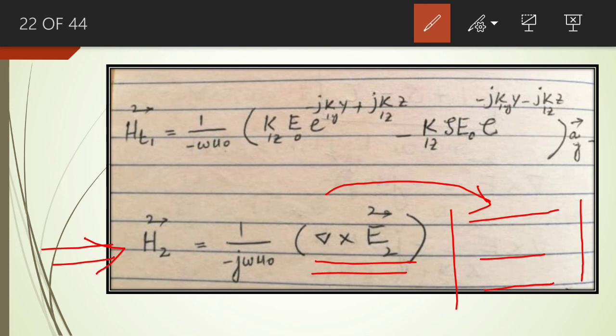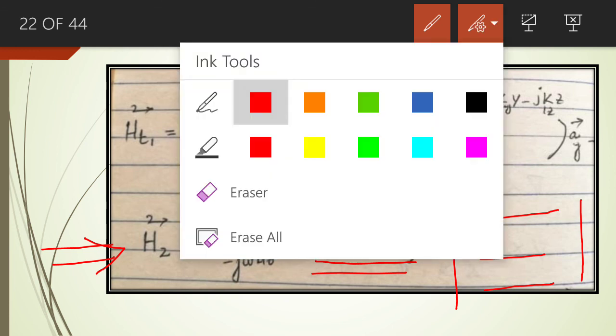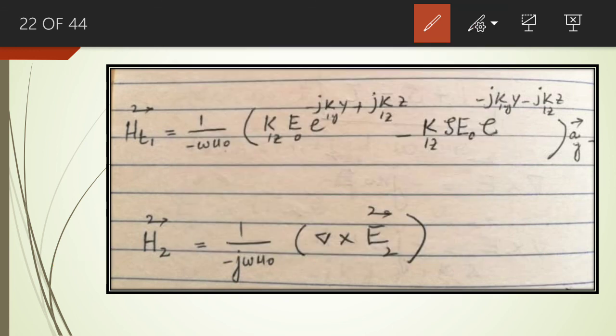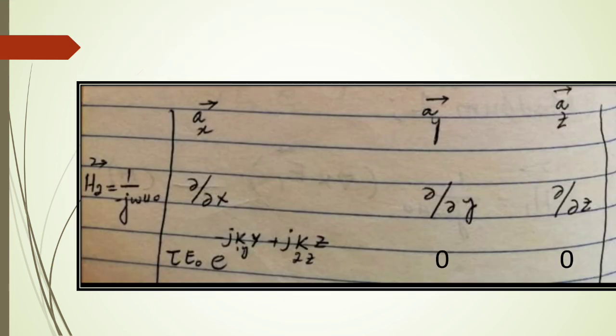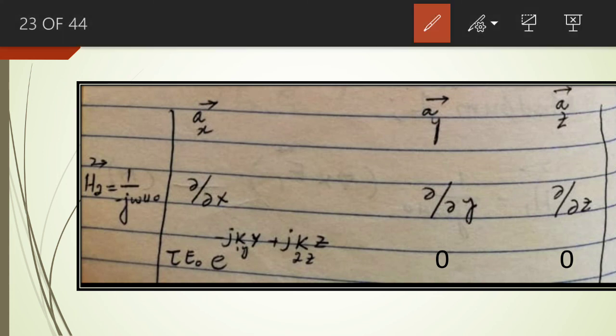So let us simplify the right hand side of this last equation. H2 is equal to 1 over minus j omega mu naught, and this determinant is for the curl of the electric field intensity E2.